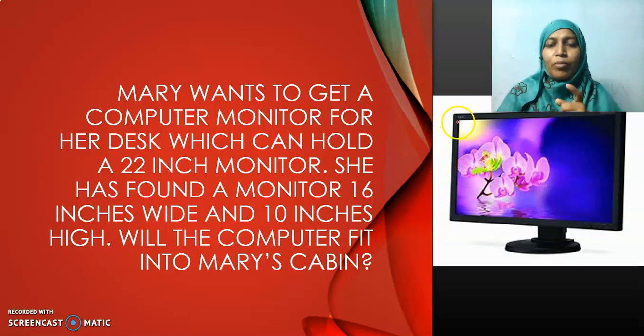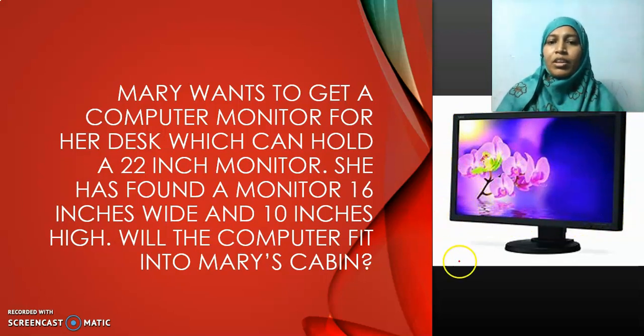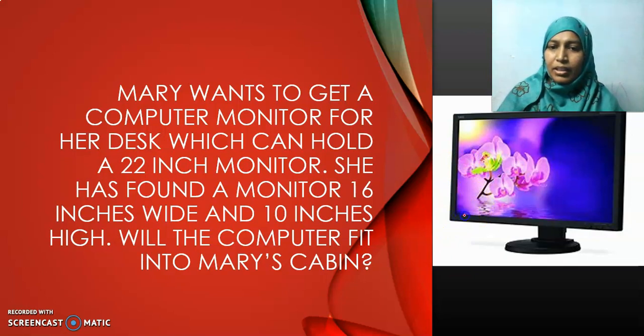Do you think it is the breadth, or this length?